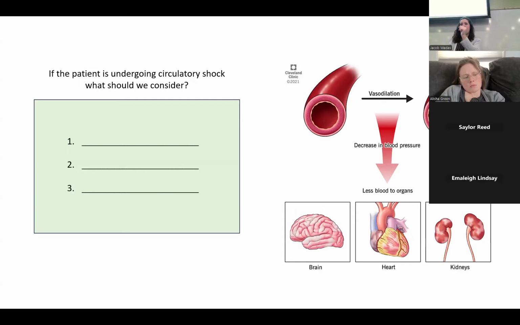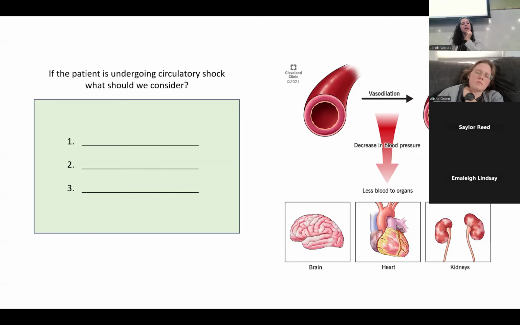Vasopressors is one. There's another class of drug that goes with that. Do you remember what class that is? Sympathomimetics, like your inotropes, right? So any of your inotropic medications.